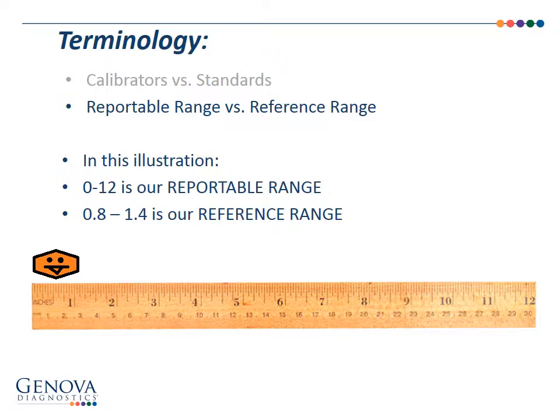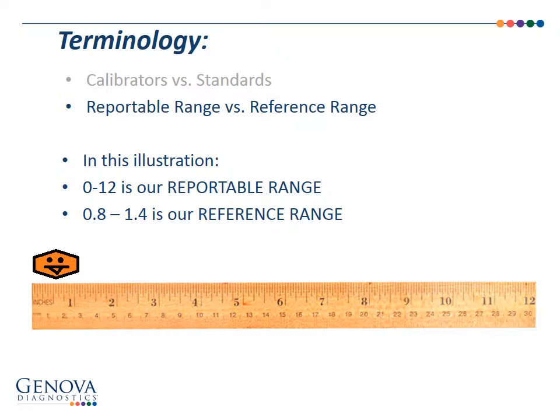So if we released a patient result at 6-inch widget, that might be the point at which a doctor says, you know what, this is a marker of, I don't know, cardiac disease, and we need to treat this patient based on this result. So there are times when, even though a result is within our reportable range, it's far outside of our reference range, we might ask you to repeat it.